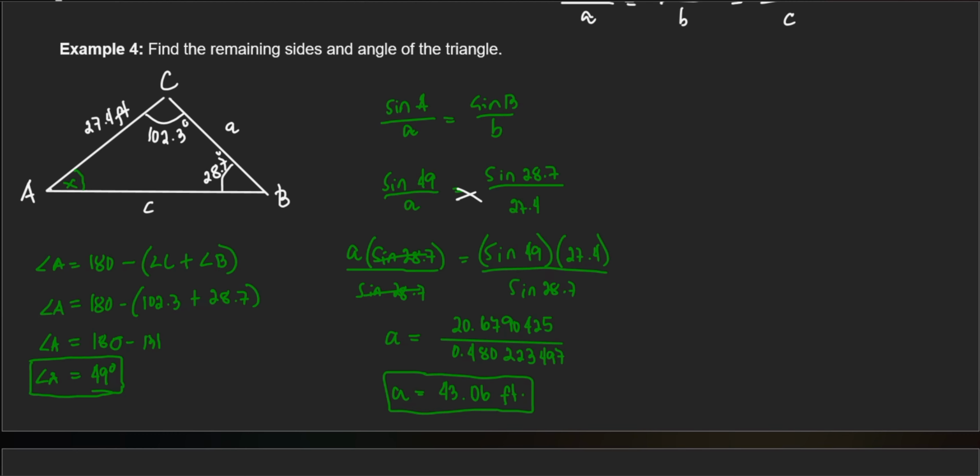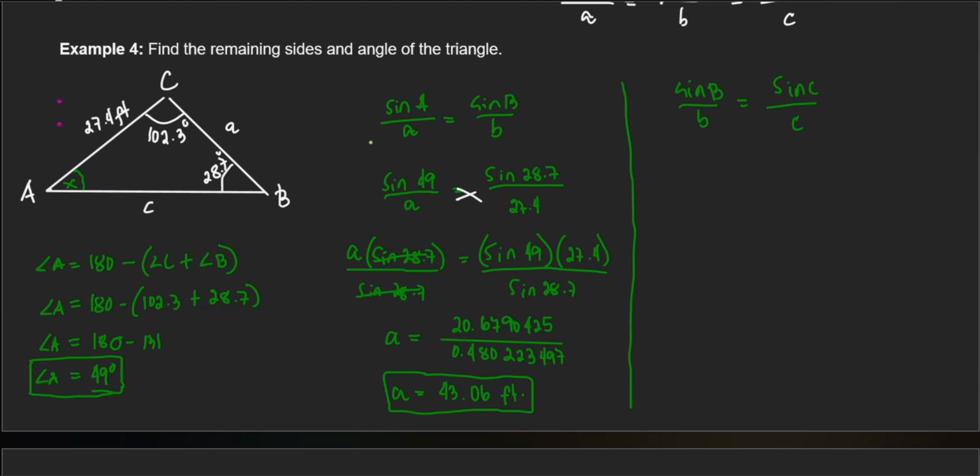Now, let's try to solve for the value of c. Since nakuha naman natin yung a, nakuha na natin yung angle A, then let's proceed sa c. Okay? So, yung formula natin, same pa din. Sine B over b, then sine C over c.